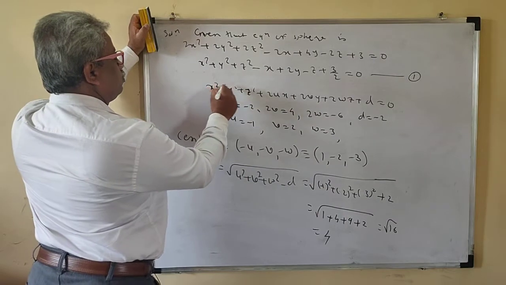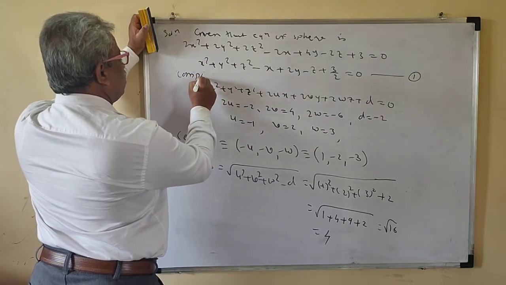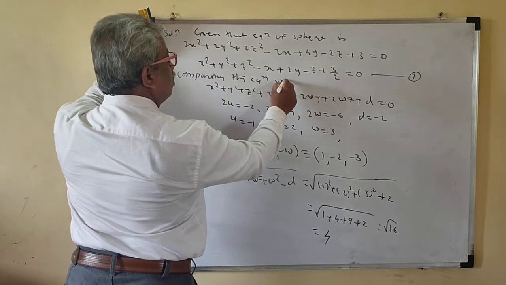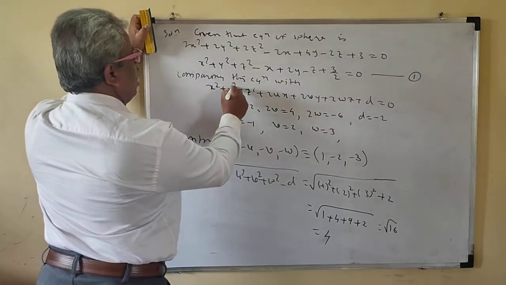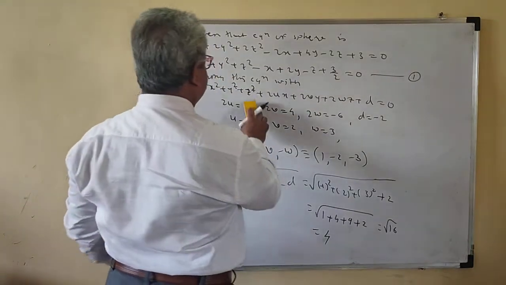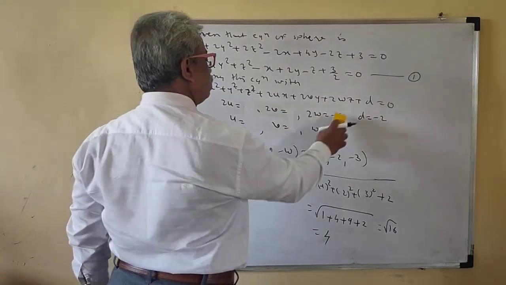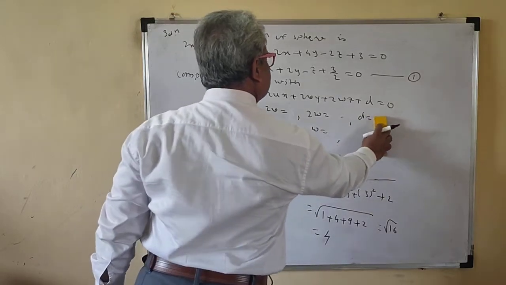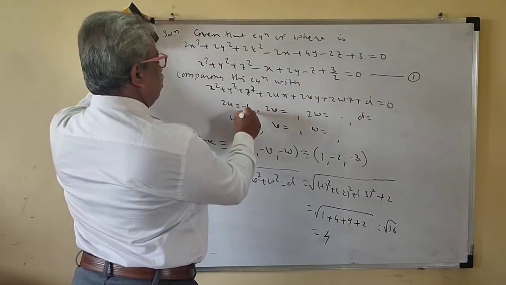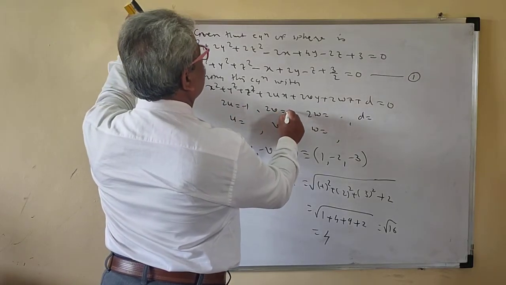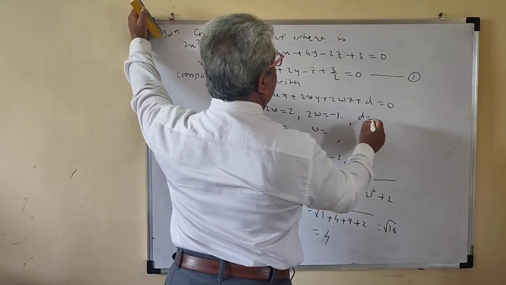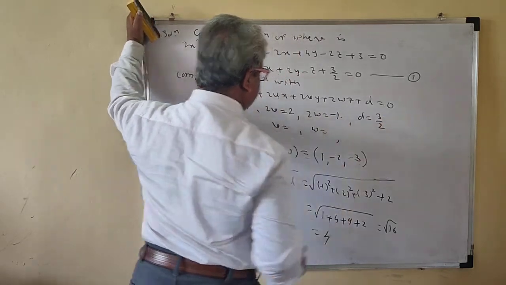Comparing this equation with x square plus y square plus z square plus twice ux and so on, you get twice u is equal to minus 1, twice v is equal to 2, twice w is equal to minus 1, and d is equal to 3 by 2.